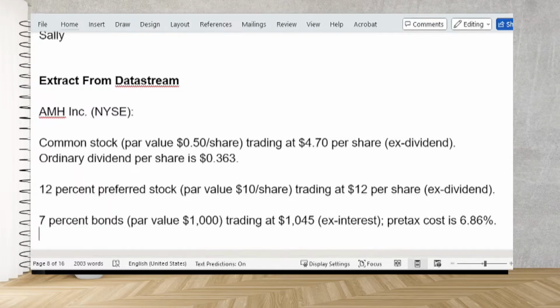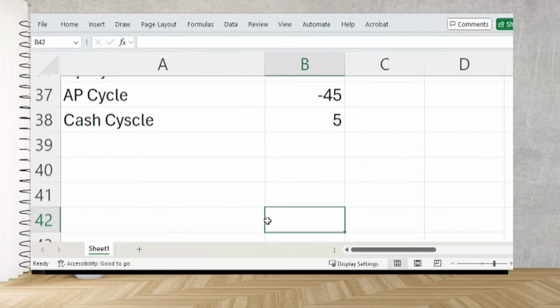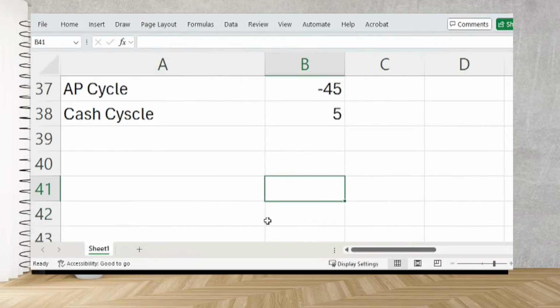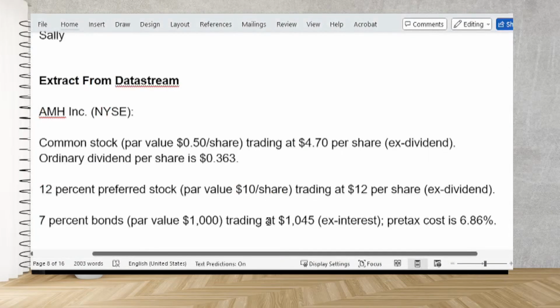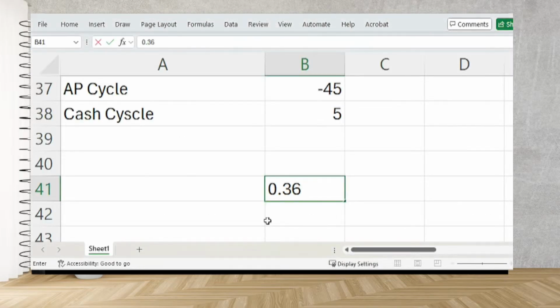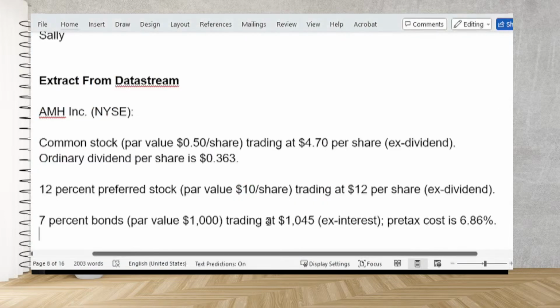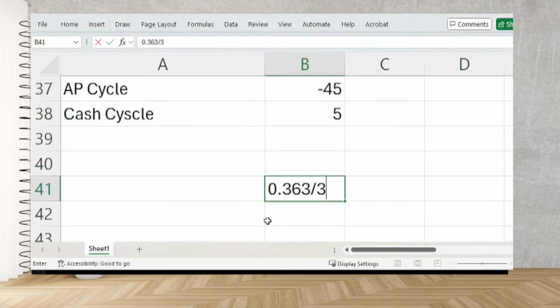So the dividend percentage is 0.363 divided by 4.7. Okay, so that is my cost of equity at this moment, and then I need to apply the growth rate.